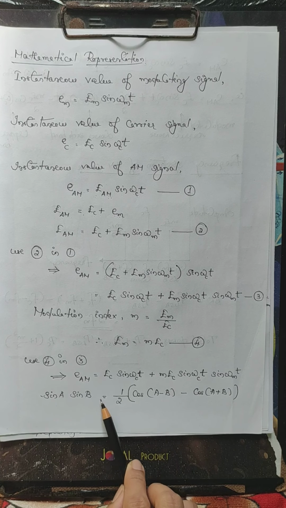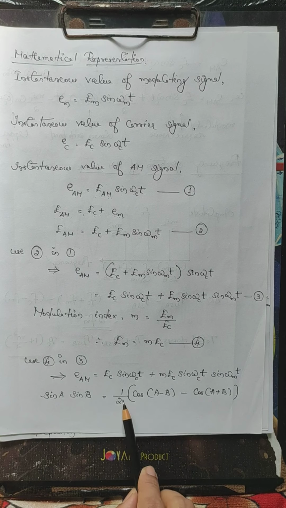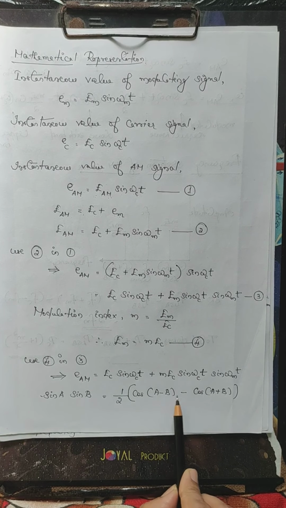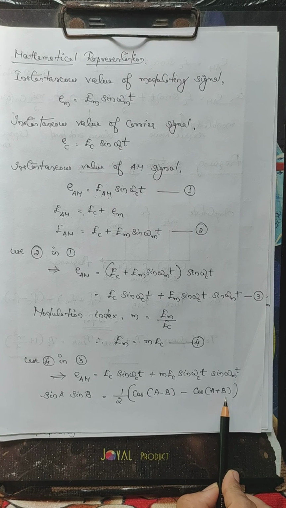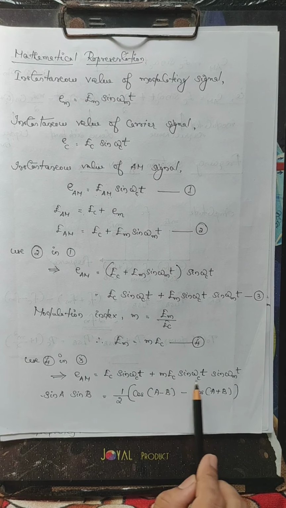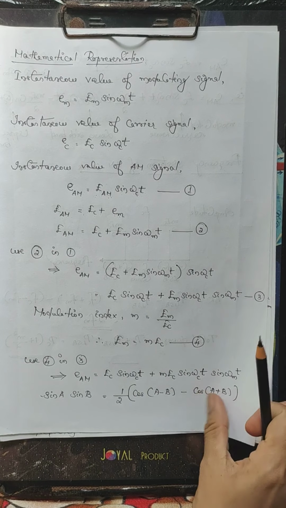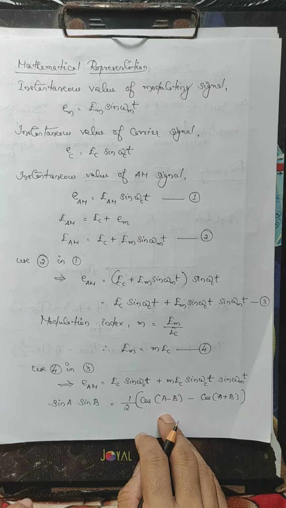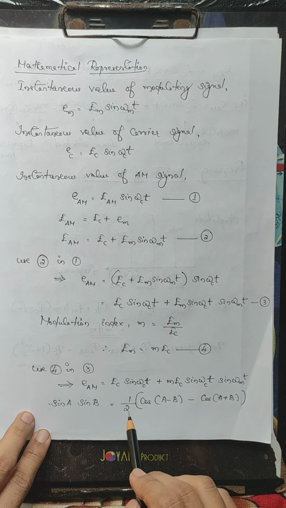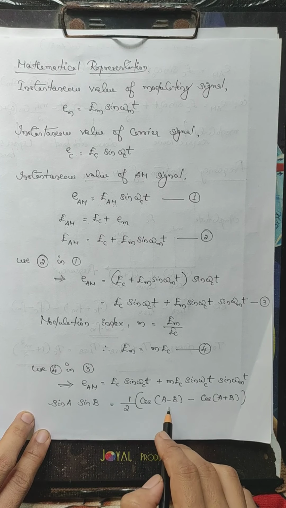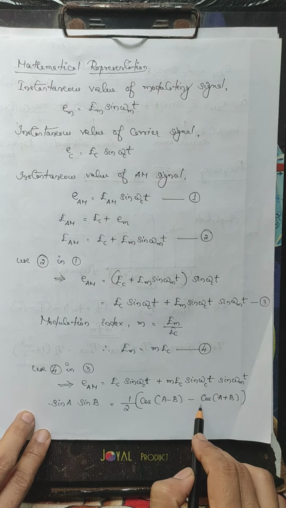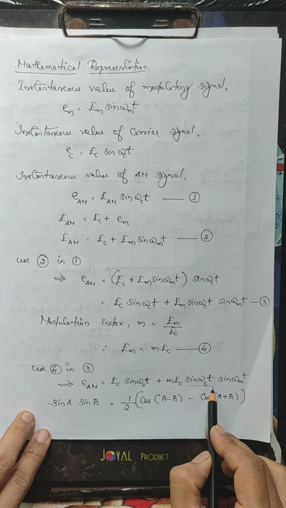2 sin A sin B is equal to cos A minus B minus cos A plus B. So using this expression, simplify this term. Sin A sin B equals half into cos A minus B minus cos A plus B. So apply this expansion to this term.